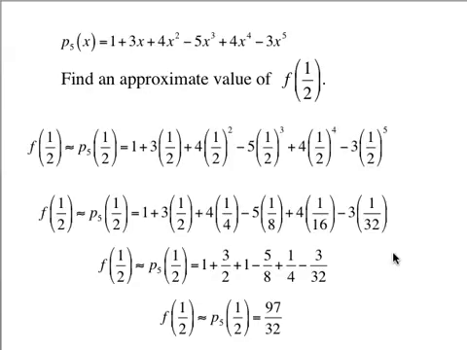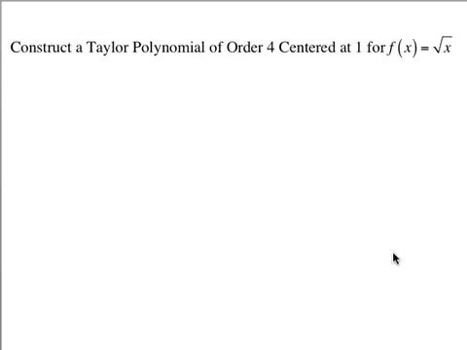Okay, our next question will be to find a Taylor polynomial of order 4 centered at 1. For this function, f of x is the square root of x. So in the last problem I told you f of 0, f prime of 0, f double prime of 0, etc. I'm not giving you those derivatives. We're going to have to compute them.